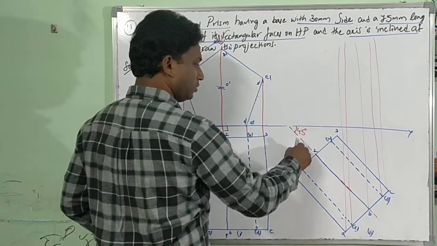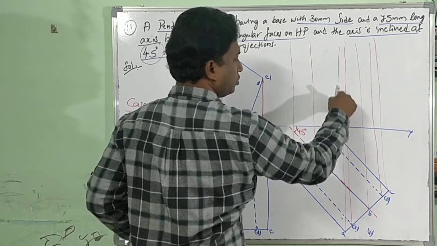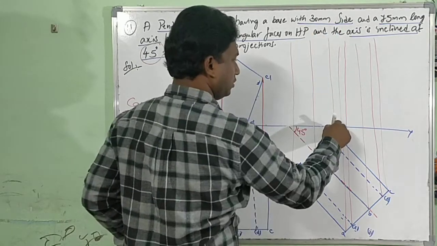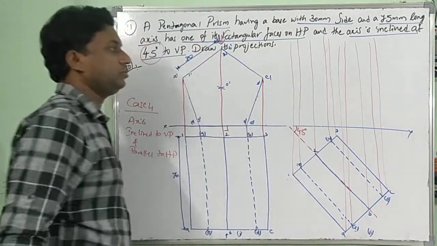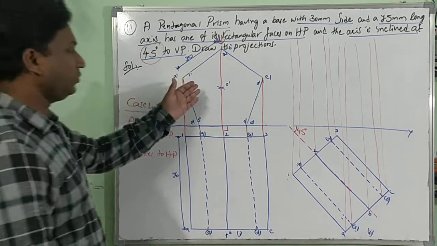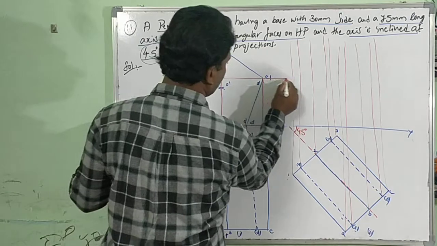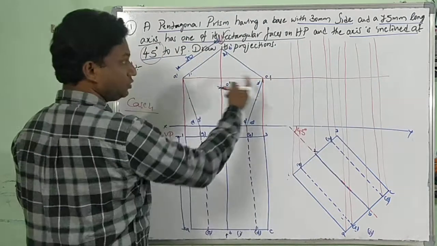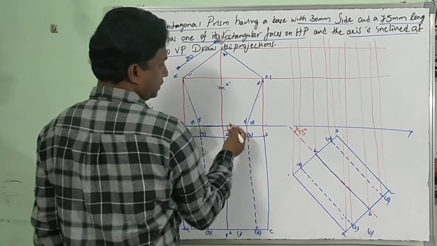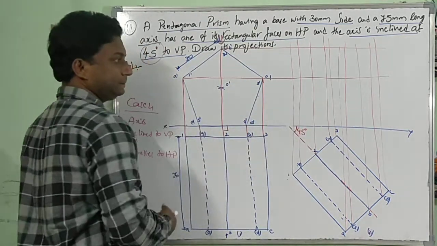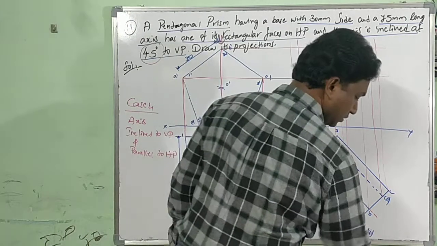Now from 1, 2, 3, 4, 5, vertical projectors. From the stage 1 front view, from A which passes through C, from B, C already drawn, D, E. Now just picking the points, right?